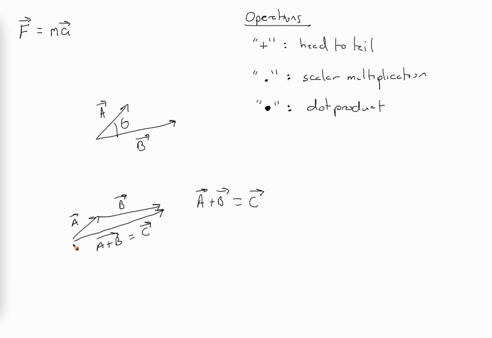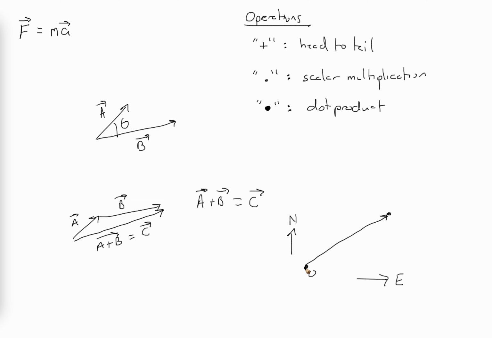So it would be nice if we could figure out some way to turn vectors into numbers, and this is something that we naturally do all the time. So let me give you an example. Suppose we were looking at a displacement vector. So here's our origin. Say this is where we started, and this is the place that we ended. And say this is on a map. So we're looking at a map, and of course we have north pointed this way, and we have east pointed this way.